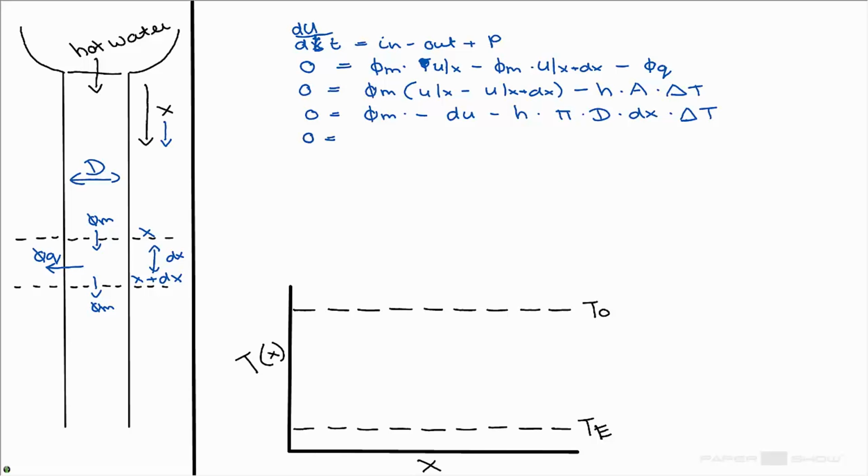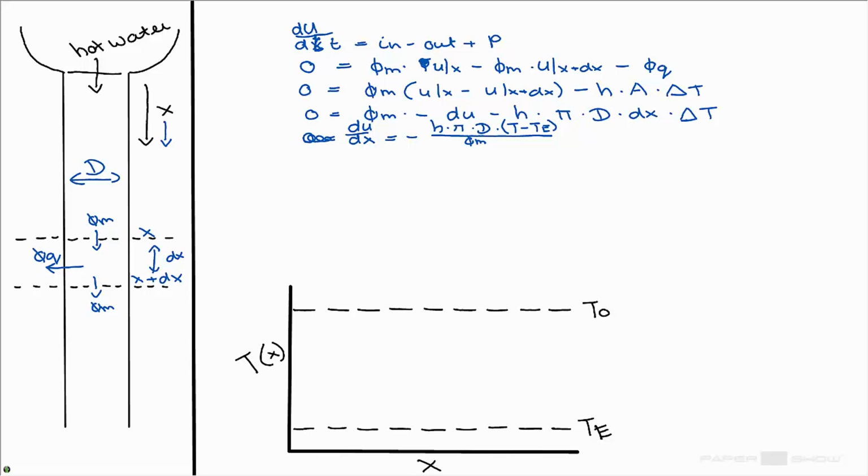And if I rewrite this again to a differential form, I take the dU and the dx at this side, and I take this at that side, and for delta T I'm using the T at the spot x minus the T of the environment, which is assumed to be constant.